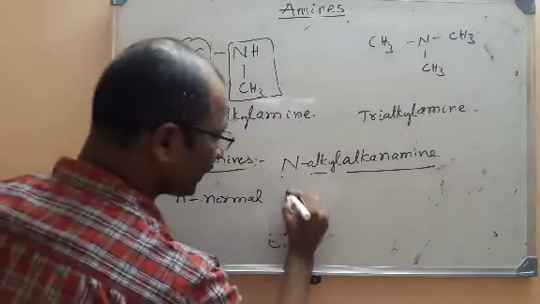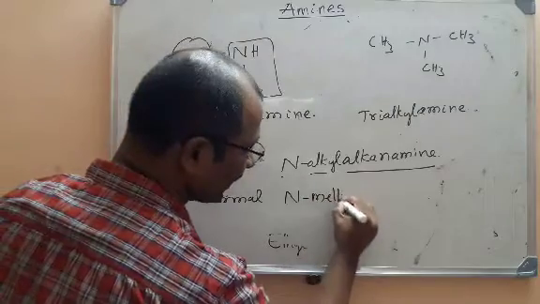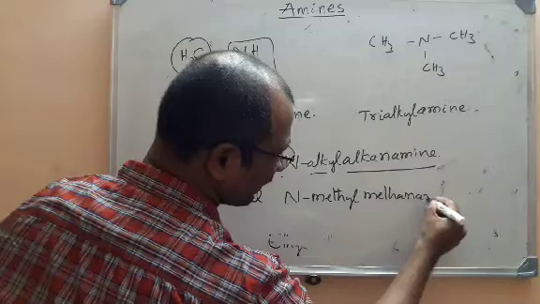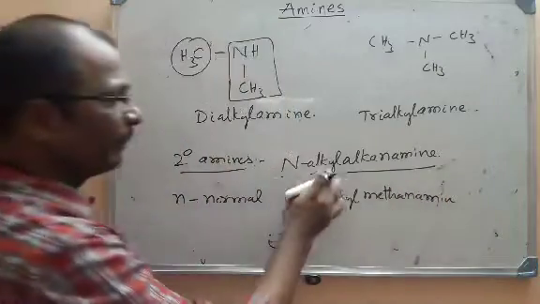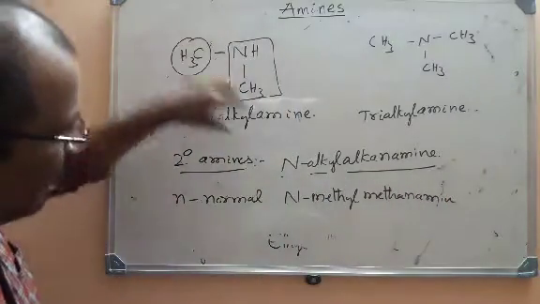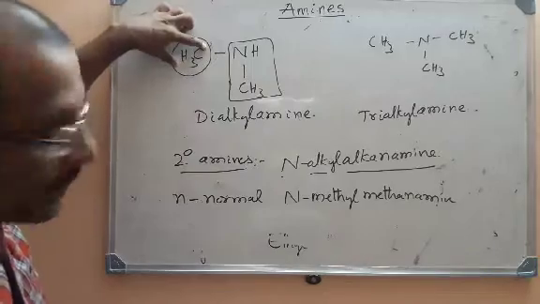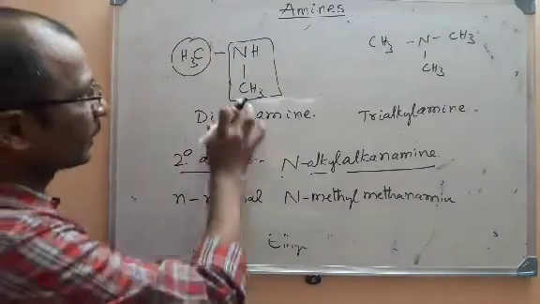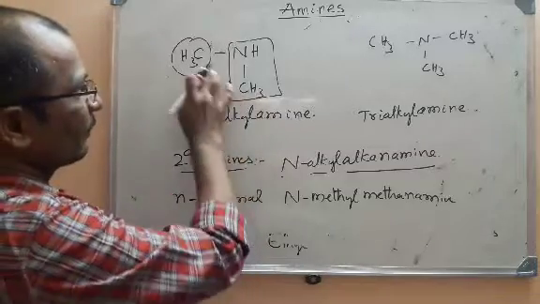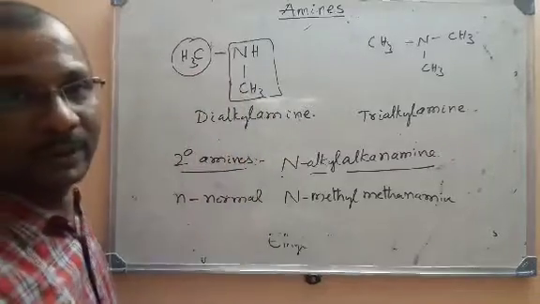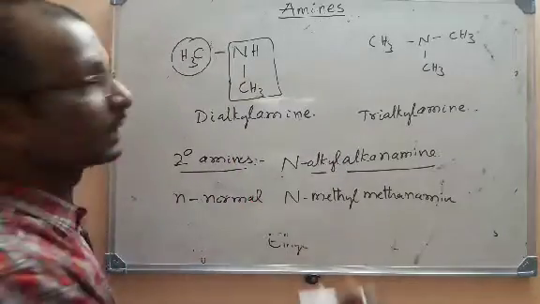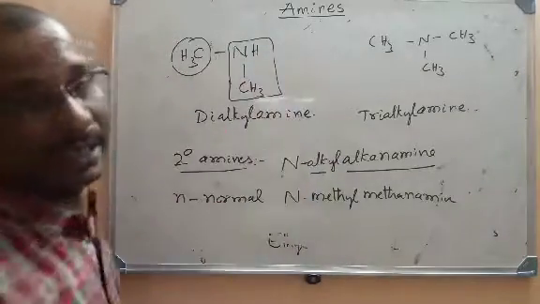So that is how we will write N-methyl methanamine. One is taken as the alkyl group as substituent and one is taken as the parent molecule. Now we will get a doubt here. We have the same number of carbons in both the alkyl groups. So one is chosen as the alkyl group, the other one is taken as the parent amine.